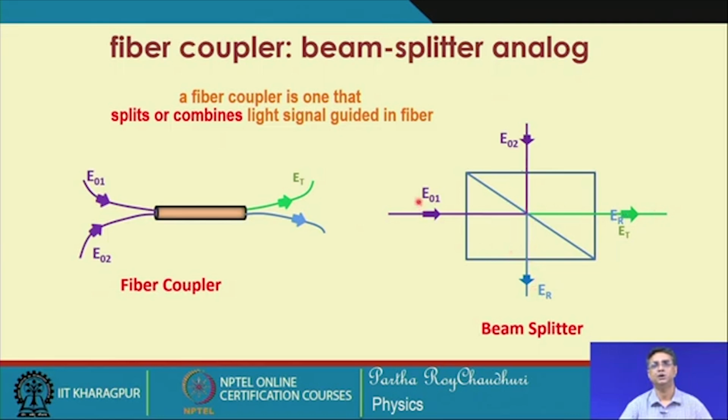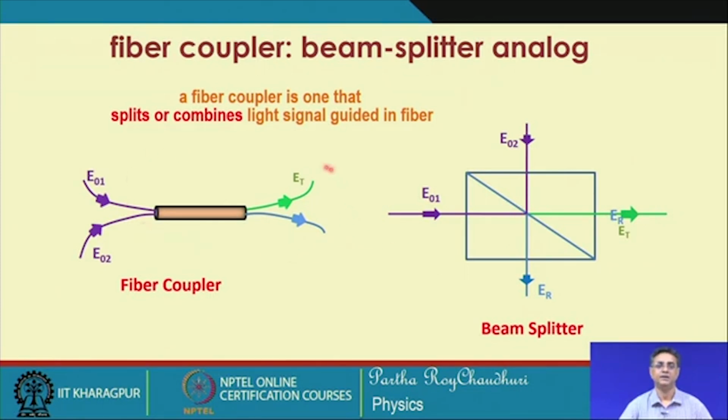So, you have two inputs, E01 and E02. When you have this input, you can have two outputs, reflected and transmitted. Similarly, if you have this input, you can have a reflected output and a transmitted output.